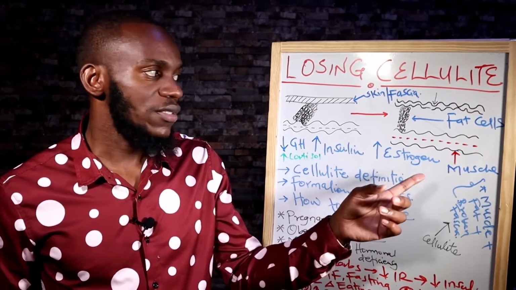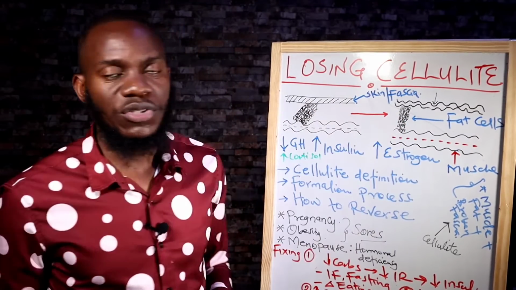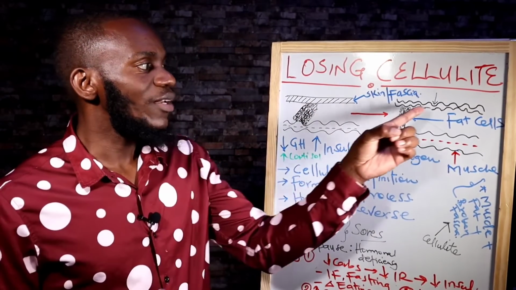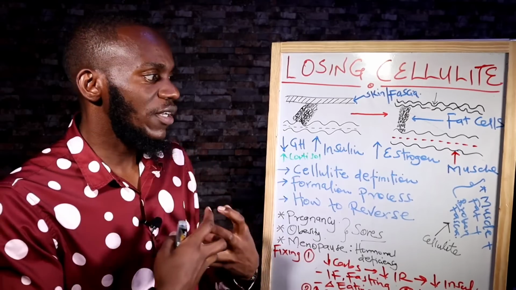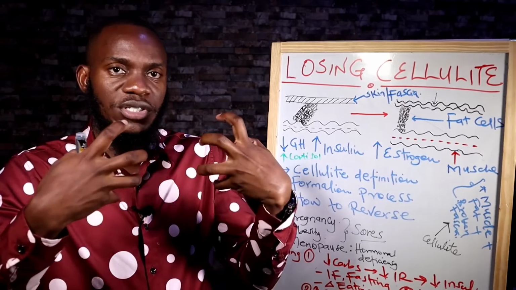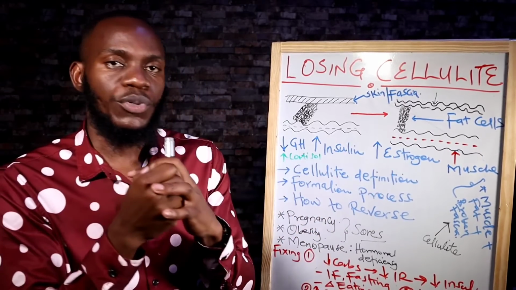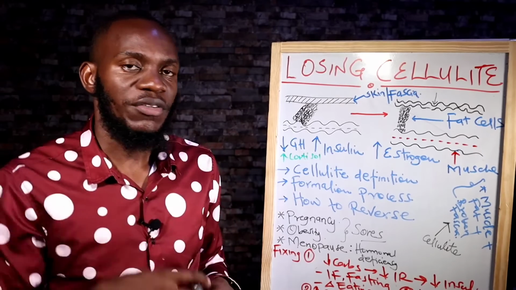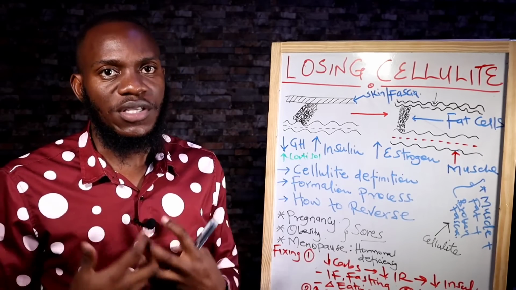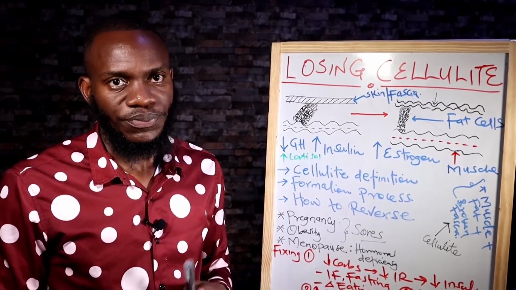So what happens is these fat cells become bigger because of accumulation of fat. Once they become bigger, they overstretch the fascia. The fascia is like a spider web. So they overstretch it, and once they overstretch it, it creates a mesh so that these fat cells pop through. Once they pop through, they create that dimple-like effect on the surface of the skin, which we refer to as the cellulite.